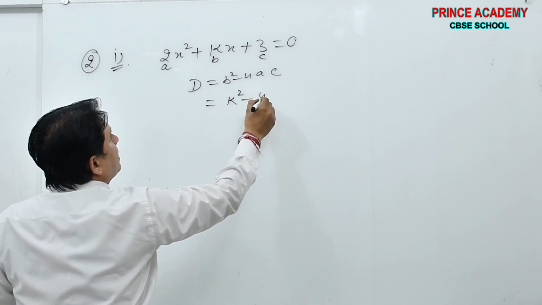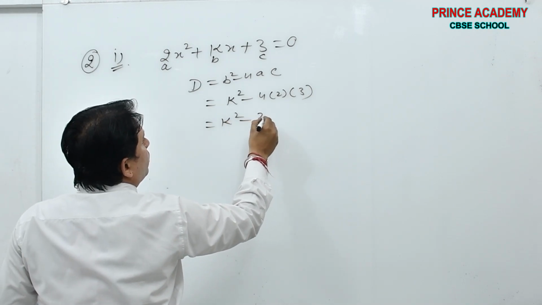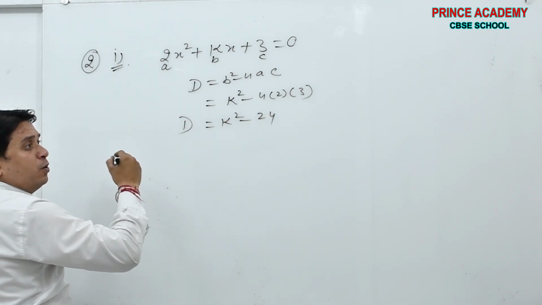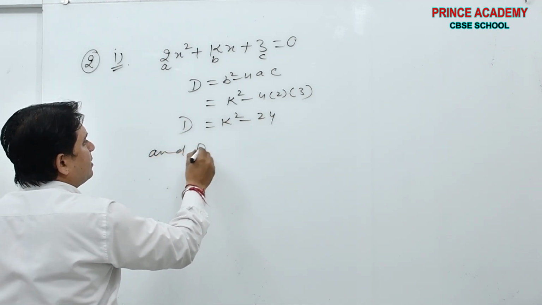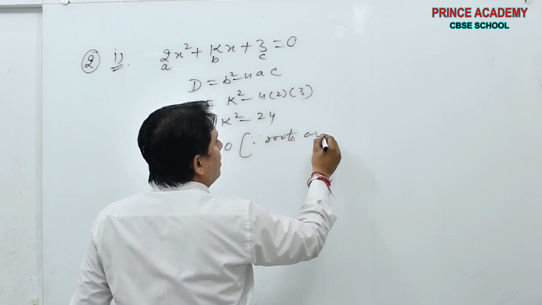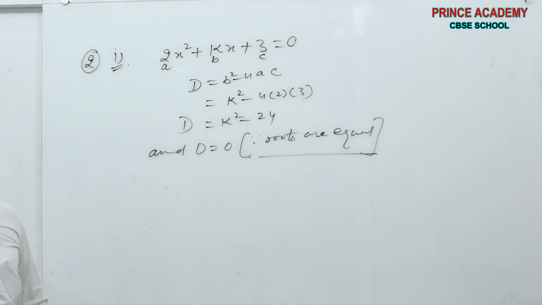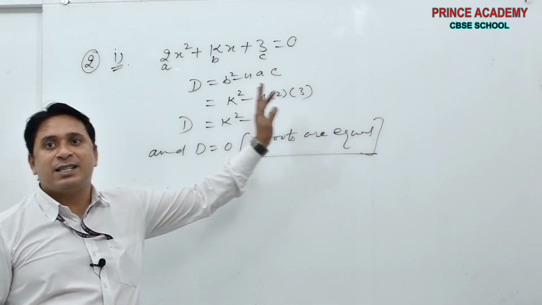B square minus 4AC is k square minus 24. Yes or no? And D is equal to 0. Why? Because roots are equal. Yes or no? Because roots are equal, beta. Therefore, D is 0.